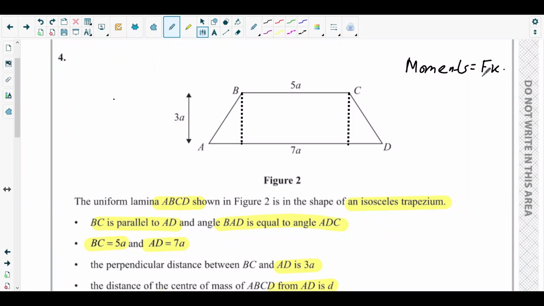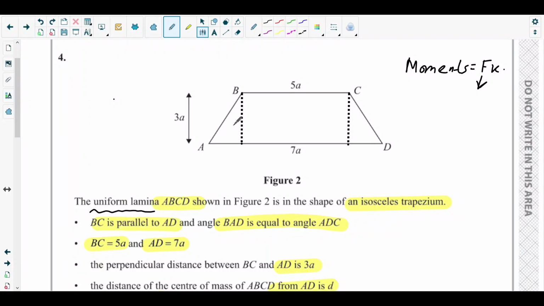Here the force is proportional to the area, because this is a uniform lamina. The force is the weight, and weight depends on the mass, so mass is proportional to the area of the lamina.